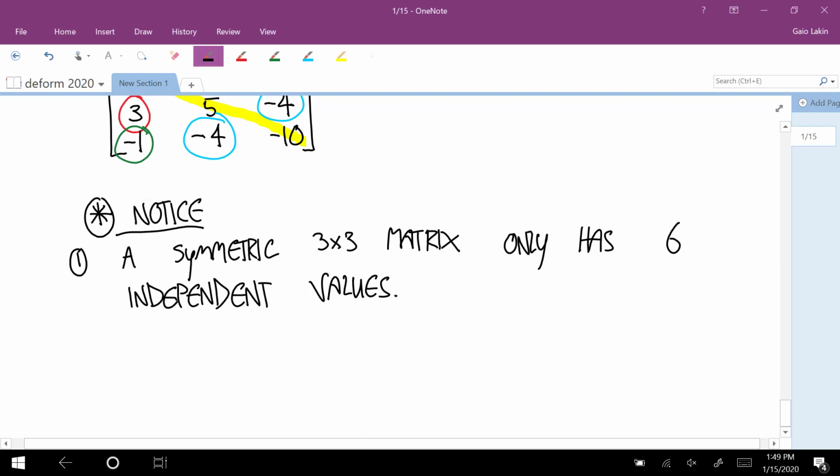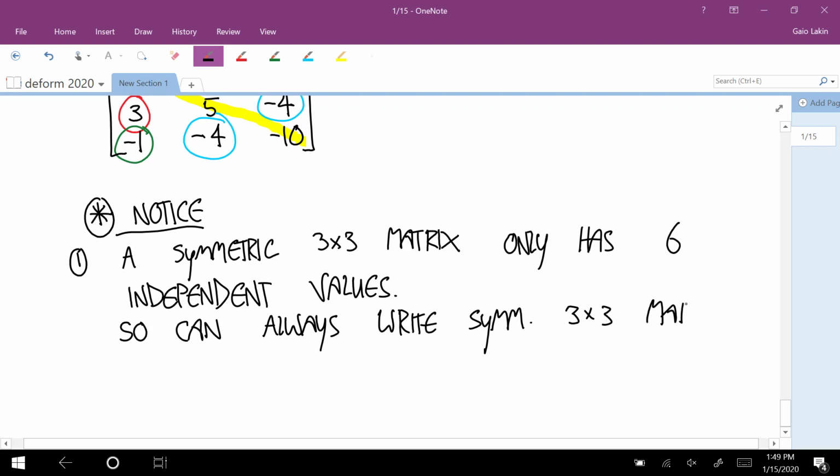And because of that, we can always write a symmetric 3x3 matrix in Voigt form.